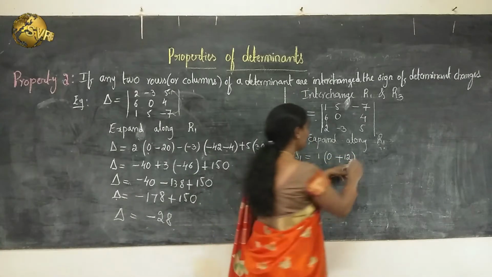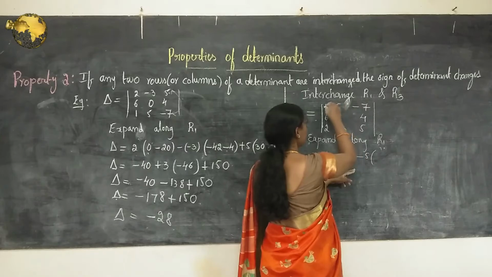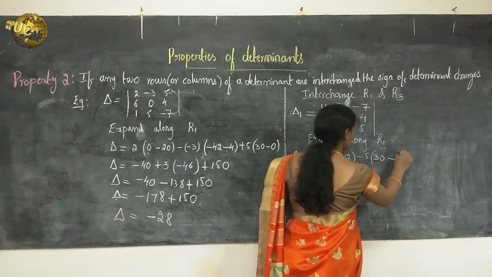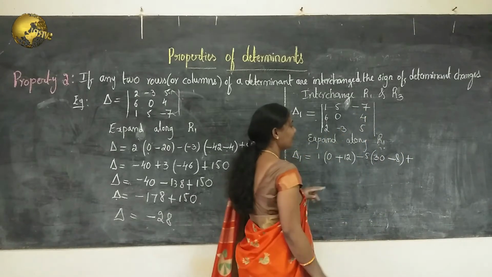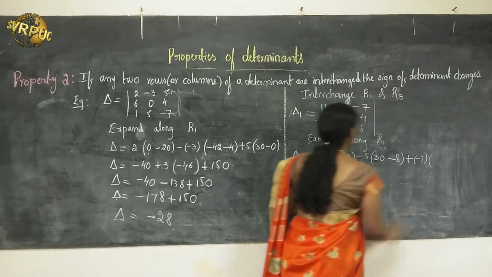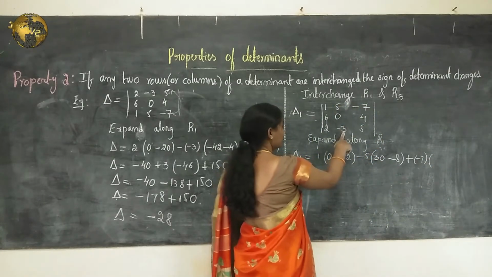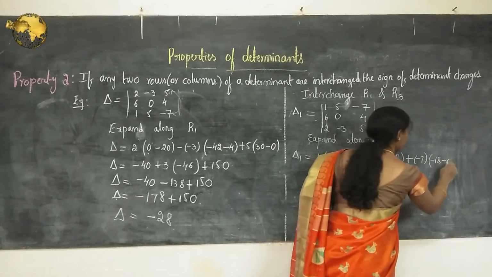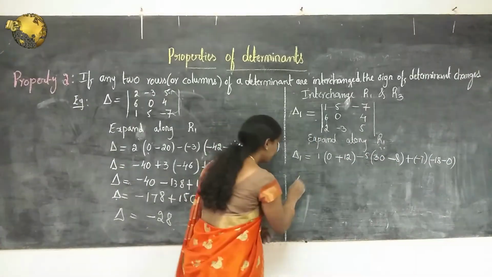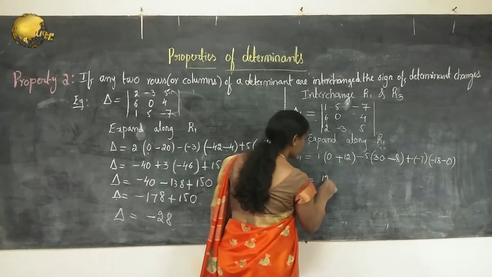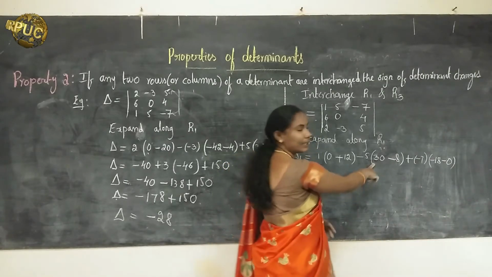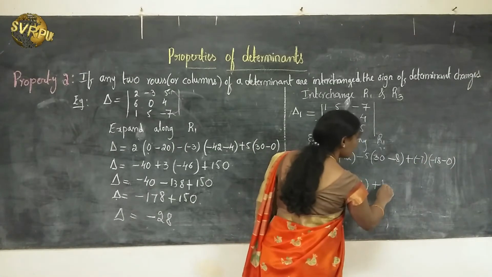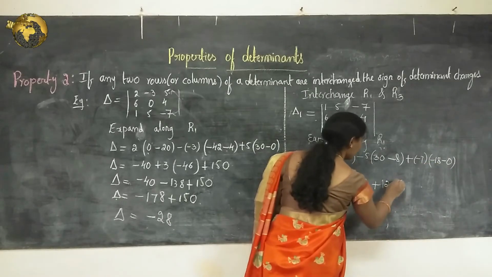Okay, and then minus 5 into, it is first row, second column, like 6 5s are 30 minus 4 2s are 8, plus minus 7, then write minus 7 as it is, into 6 3s are 18, that is minus 18 minus 0. 12 into 1 is 12, minus 5 into 30 minus 8 is 22, minus into minus plus 7 into 18, 7 18s are 126.